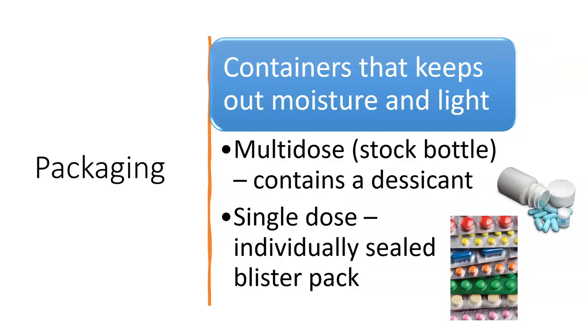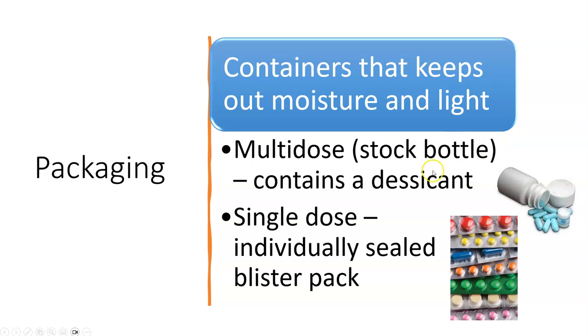Now, when it comes to packaging, to protect tablets and capsules from deteriorating due to moisture and light, we put in a desiccant. The term desiccant means to dry out. These little packs could be a little cylinder filled with gel, or a little pillow container. They help absorb the moisture and keep it away from the tablets.